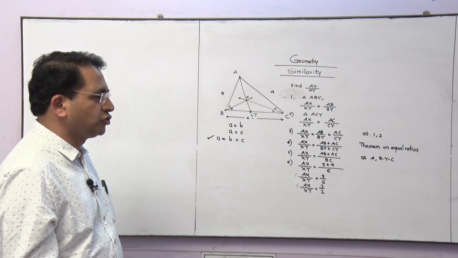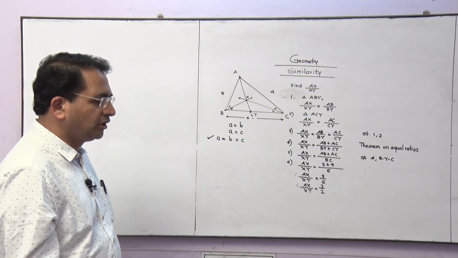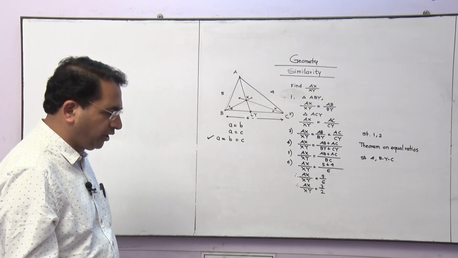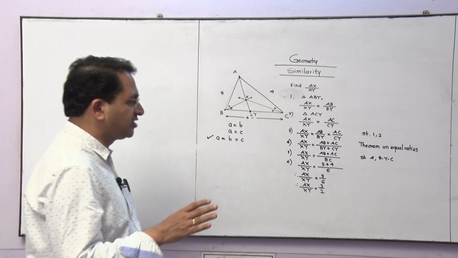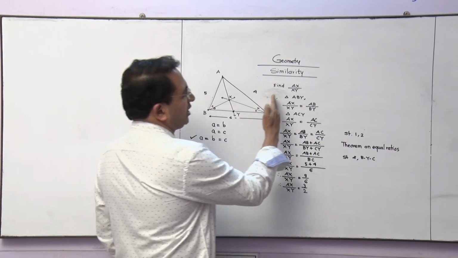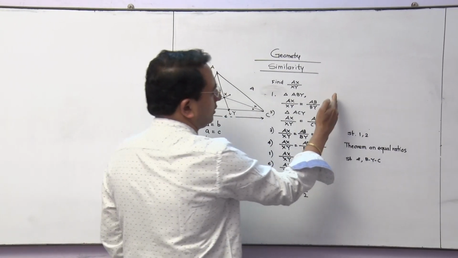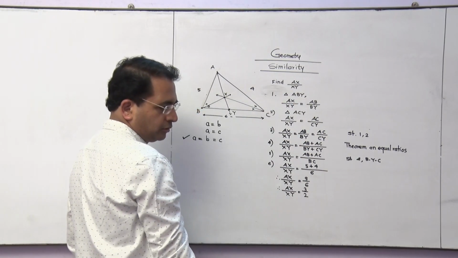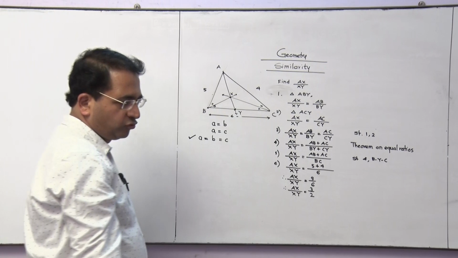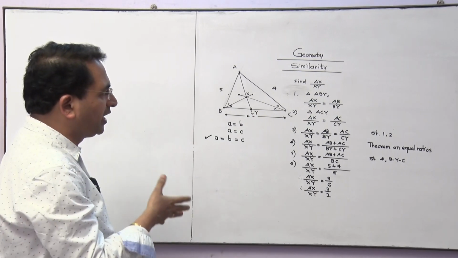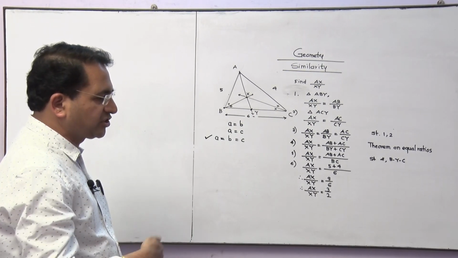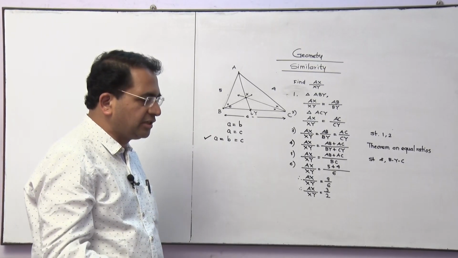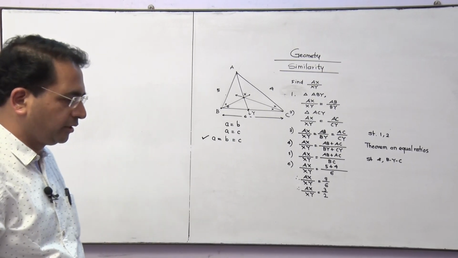Maximum questions on geometry, other than construction and coordinate geometry, you better express in statement-reason form only. Are you getting it or no? Correct? So I hope you have understood this much part of similarity. Some extra information is also required, so that we will discuss in the next session of similarity. Okay?